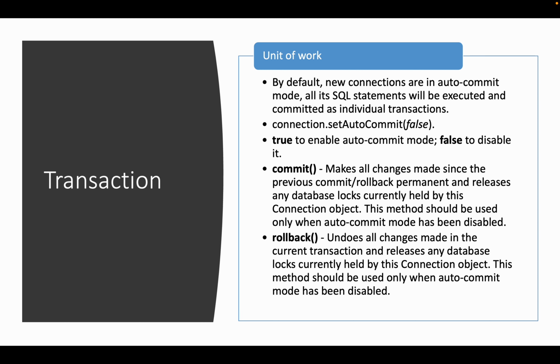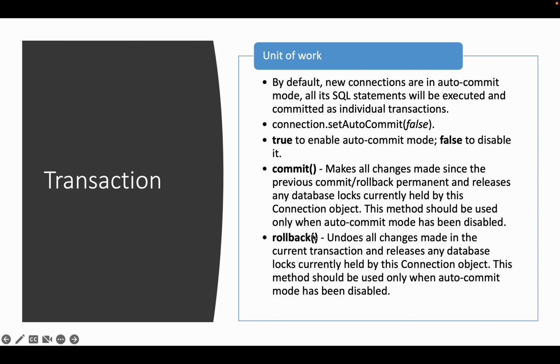The commit method makes all changes made since the previous commit or rollback permanent and releases any database locks currently held by this connection object. This method should be used only when the auto commit mode has been disabled.